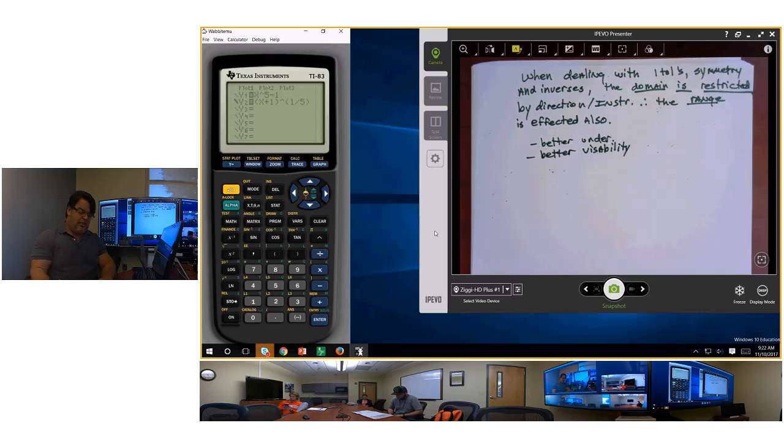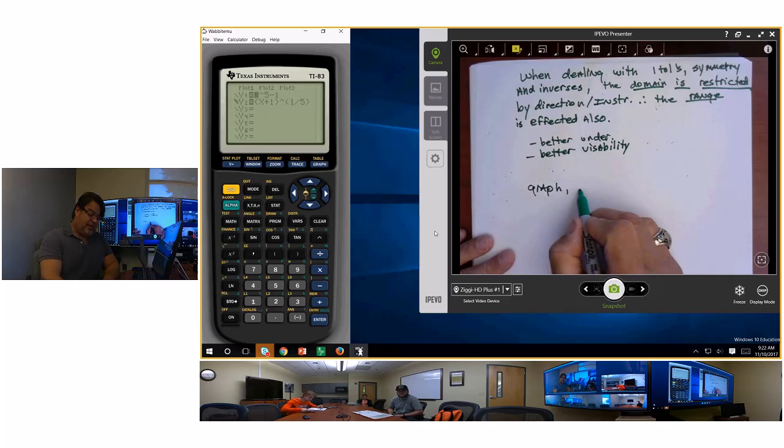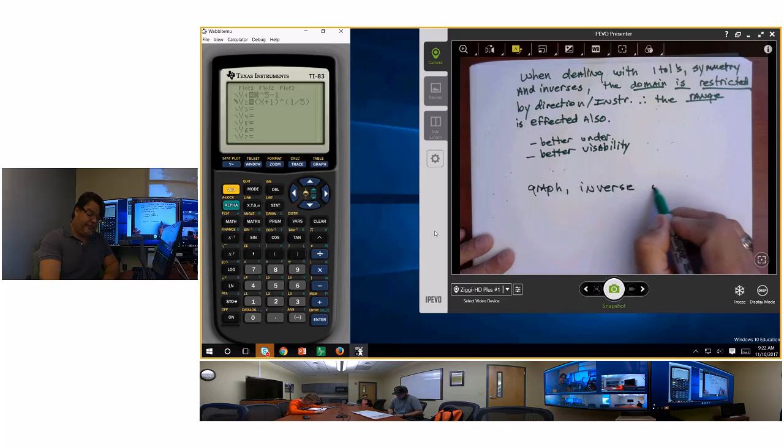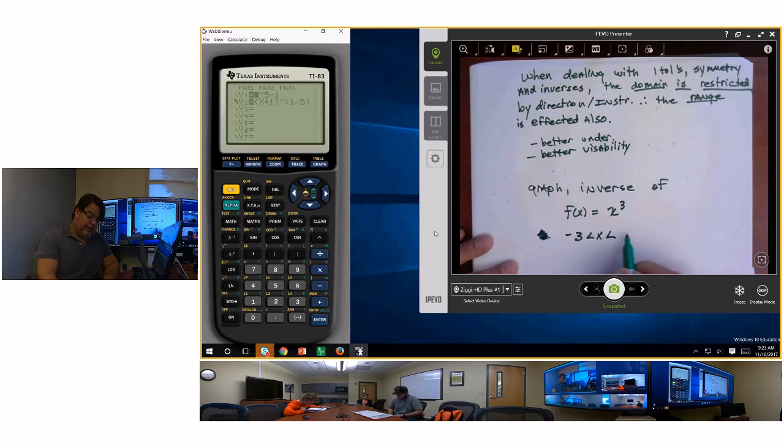What do I mean? They may say graph and find the inverse of f of x is equal to x cubed from -3 to 3.